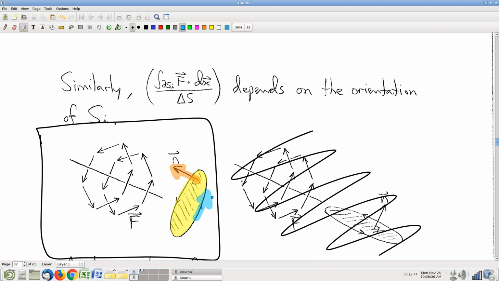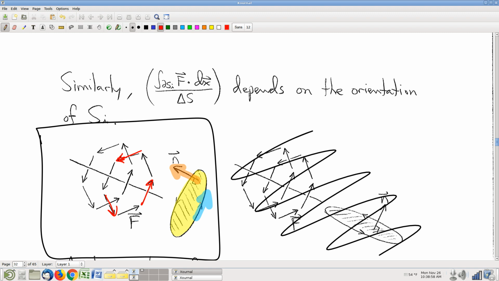Let's draw the vector field. Imagine, again, for artistic purposes, you can't draw these things on top of each other. But now let's see how this rotating vector field would manifest itself on the boundary of this thing.